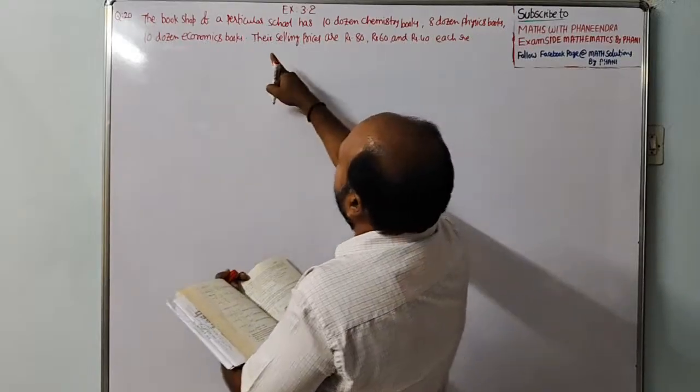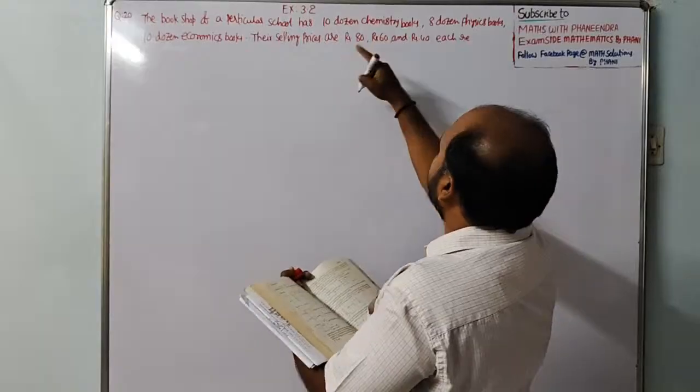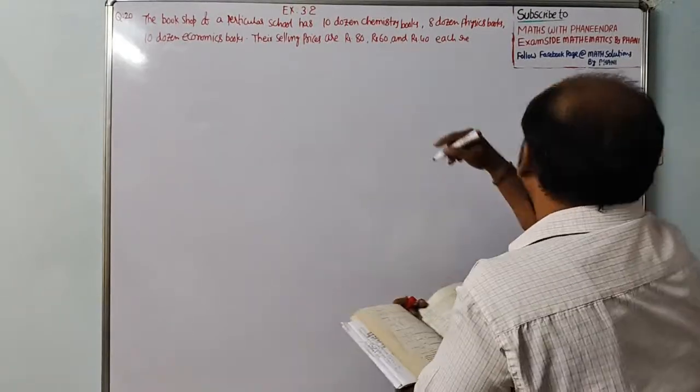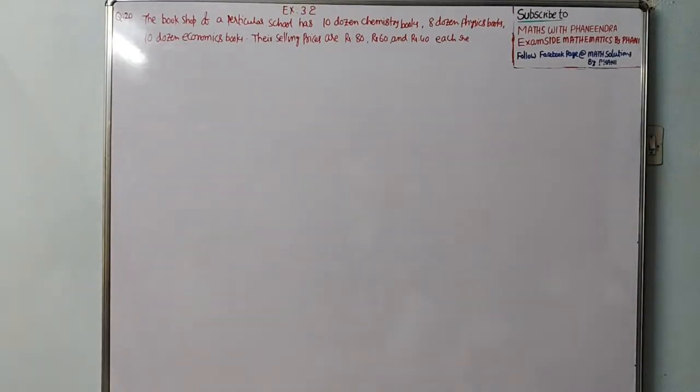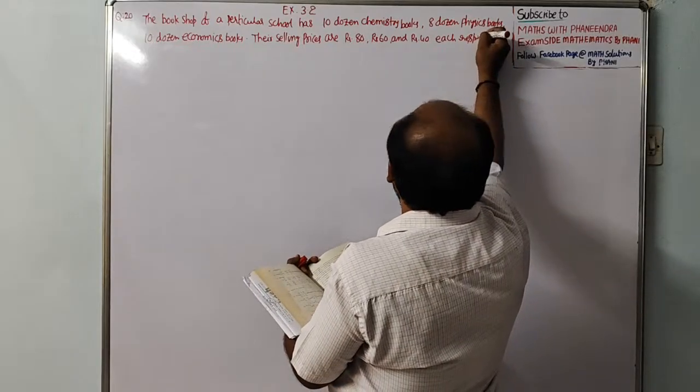That means for chemistry books 80 per dozen, for physics books 60 per dozen, for economics books 40 per dozen.